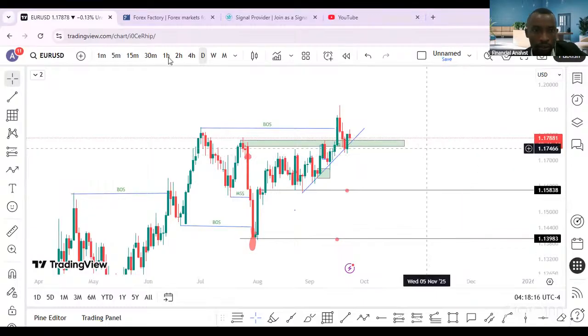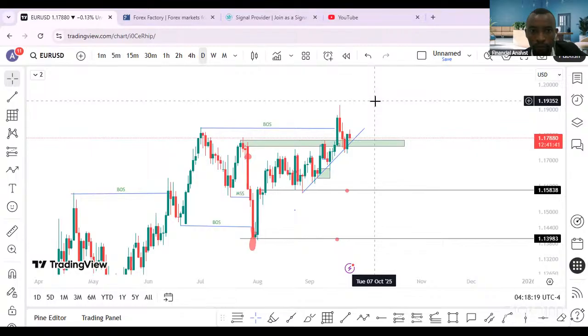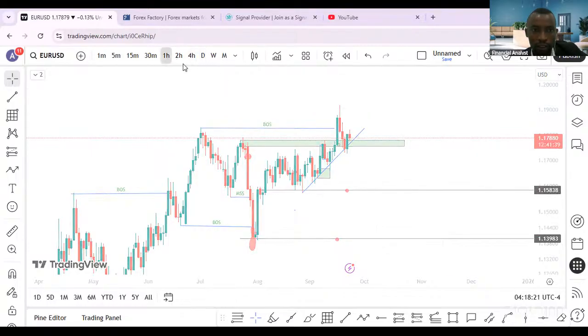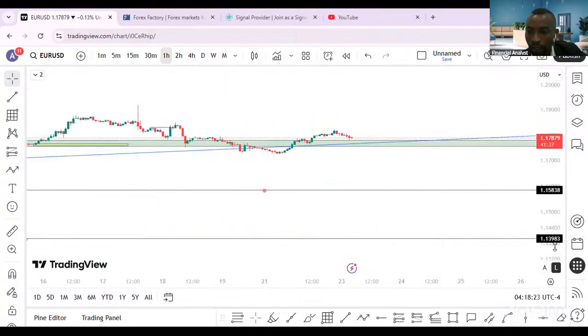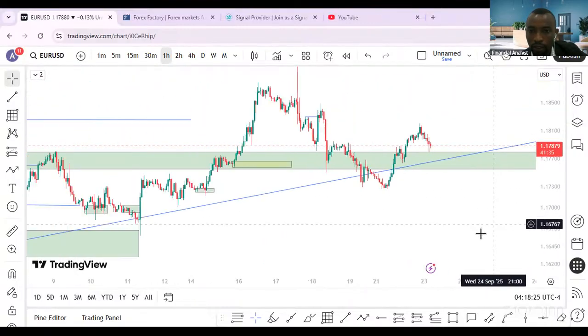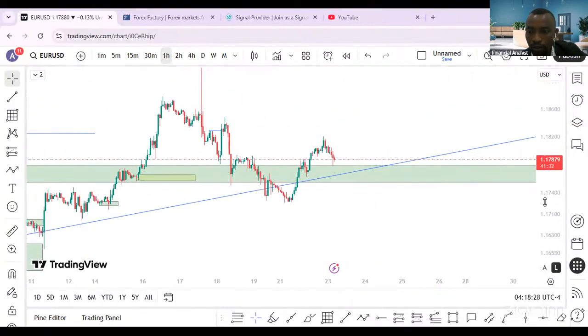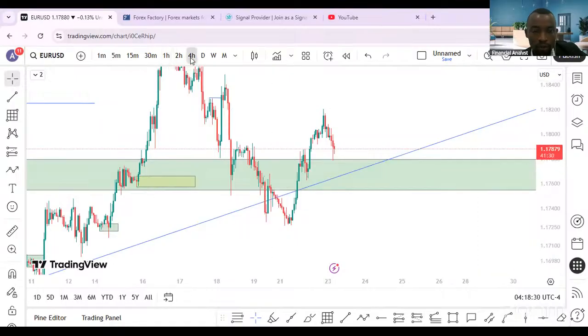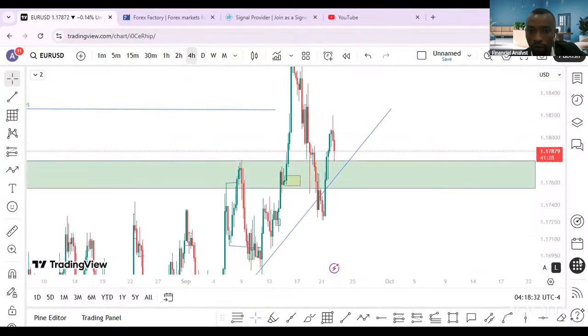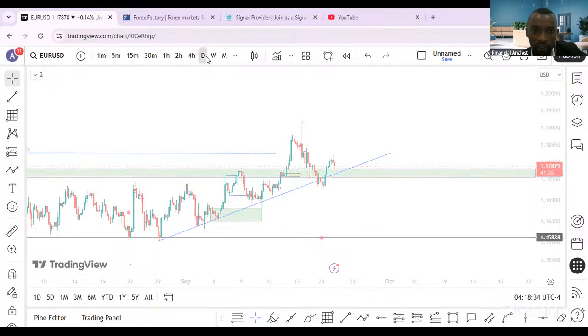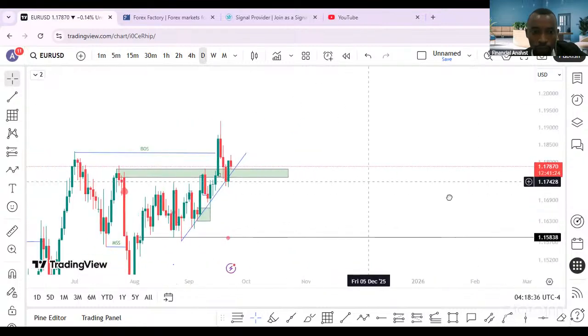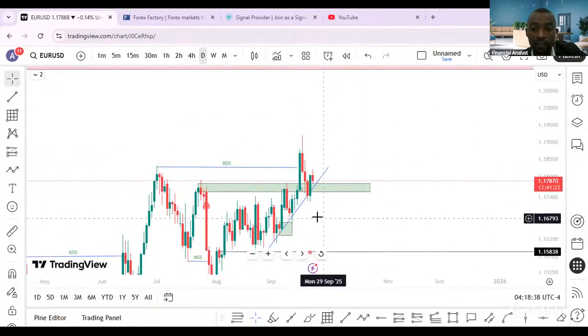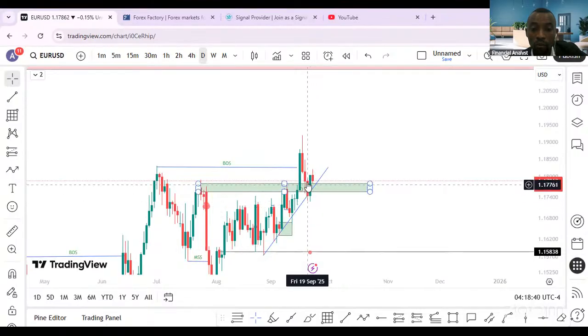Let me see on a smaller time frame if I can get an entry for a buy. So now we have price as yesterday. Let's go back to daily. We have price close back a bullish candle yesterday.